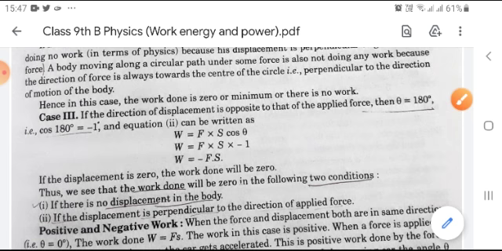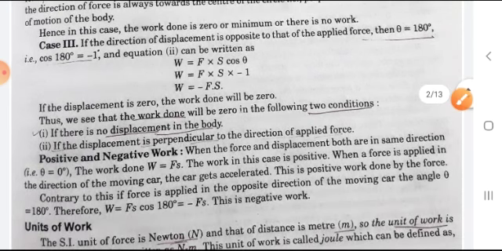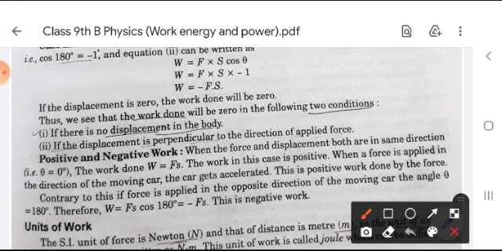Okay. So if displacement is 0, the work done will be 0. We see that the work done will be 0 in the following two conditions: if there is no displacement in the body, or if the displacement is perpendicular to the direction of applied force, then we can say that the work becomes 0.